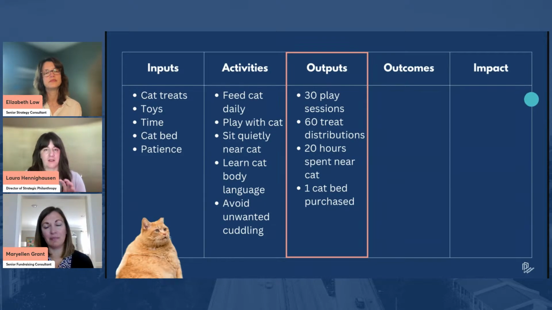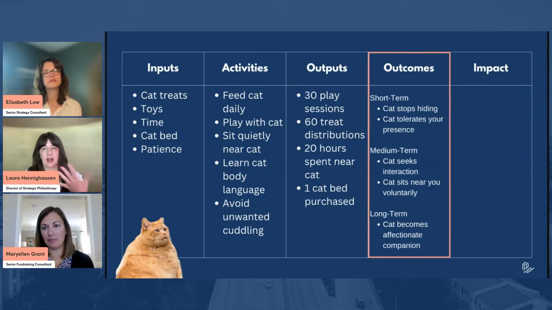And because we have those outputs, I have separated the outcomes into short-term, medium-term, and long-term. Short-term here, we could say that maybe the cat stops hiding. We also know the cat is tolerating our presence, right? So these are outcomes directly related to the activities and outputs.